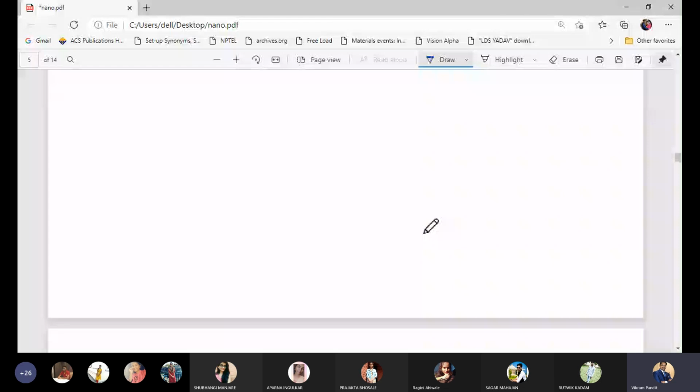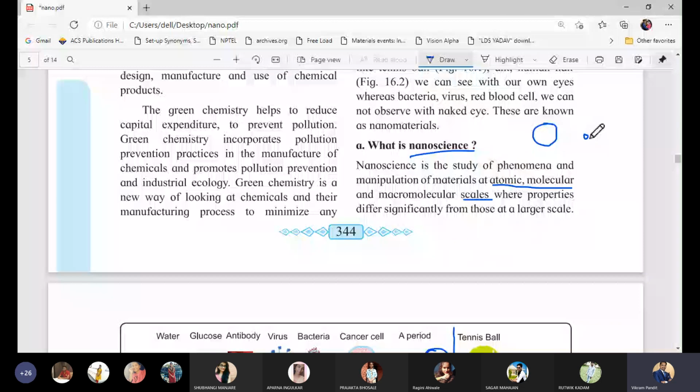The material in this larger size is known as bulk material. Bulk material means whatever inorganic chemicals are present in our college lab come under bulk. And when we reduce the size to the nanoscale, the properties change drastically.